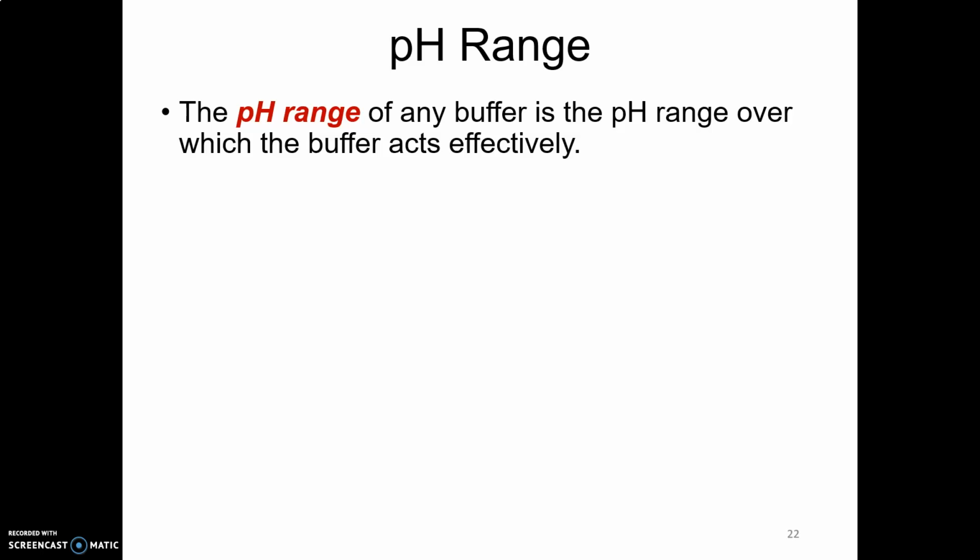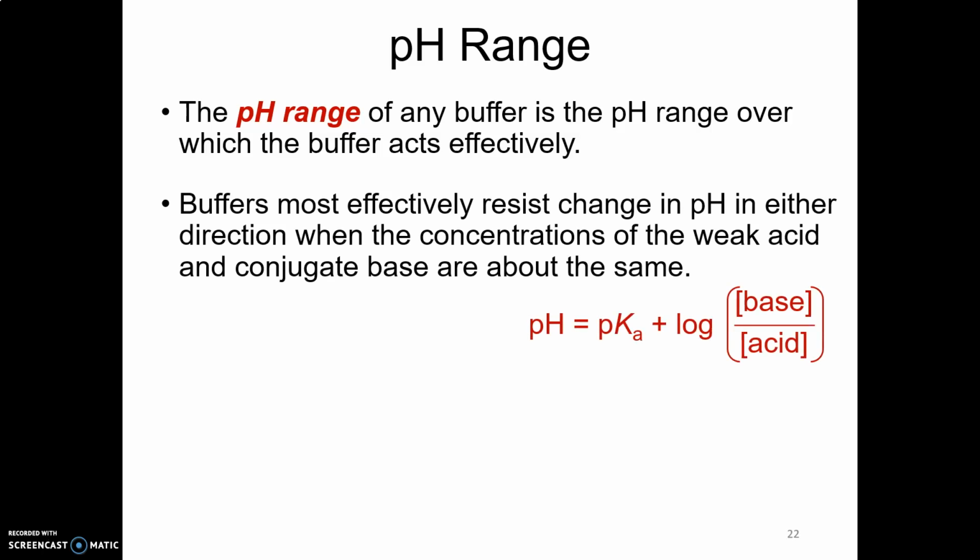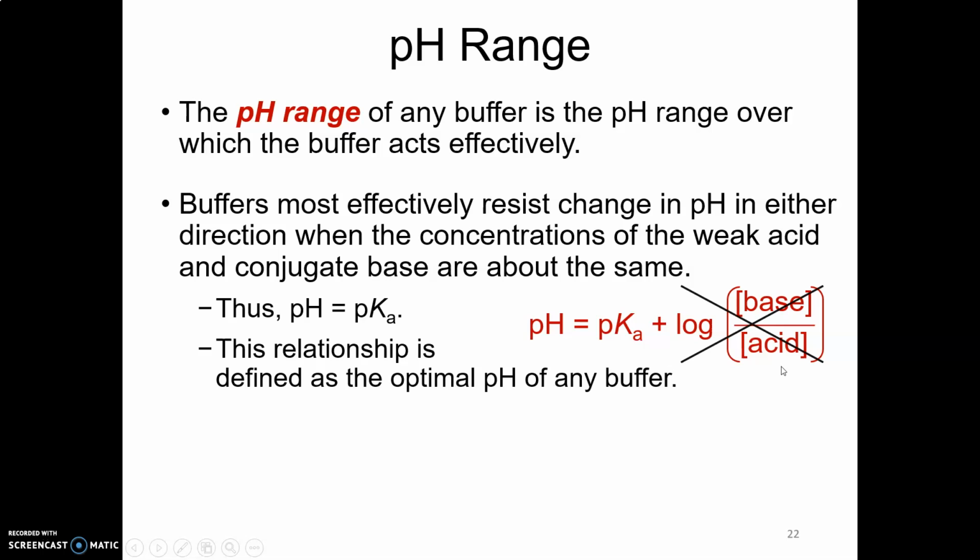There's also something referred to as the pH range. And so the range kind of goes hand in hand with the buffering capacity, and that is how big of a pH range the buffer is effective in. When we think about these, you have to go back to the Henderson-Hasselbalch equation, and buffers most effectively resist changes in pH when essentially this ratio is set to 1, okay?